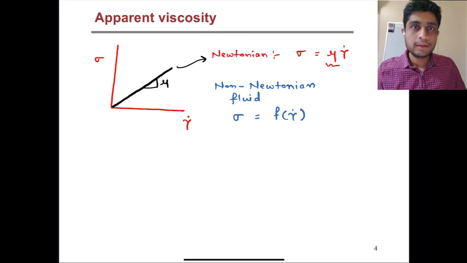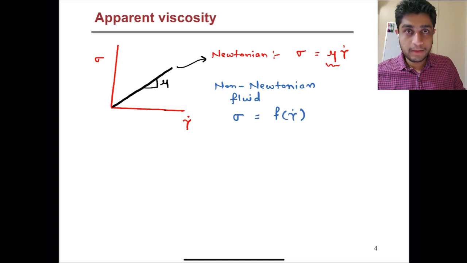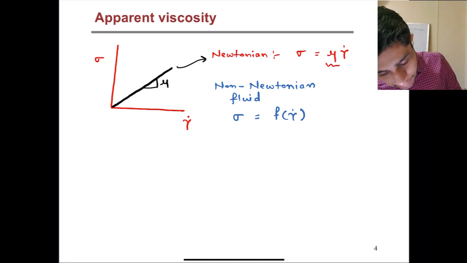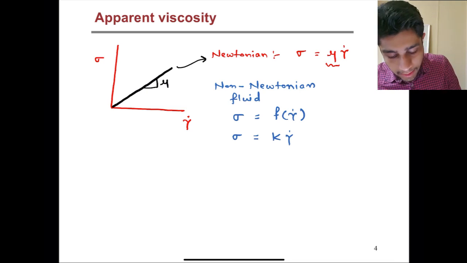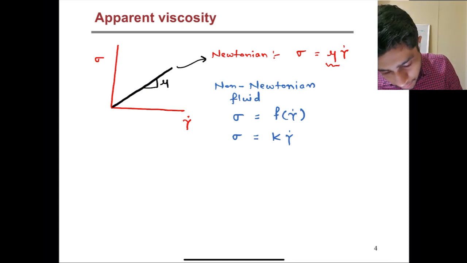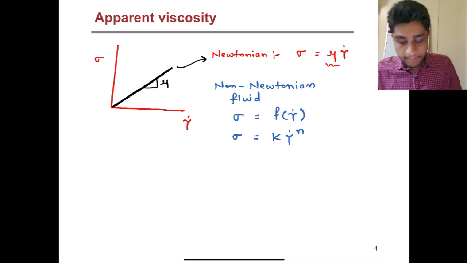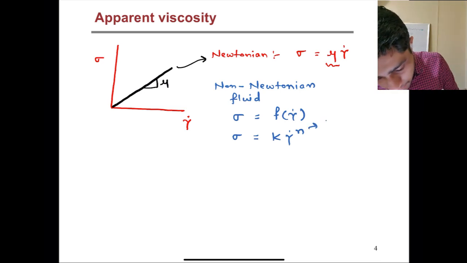Usually the simplest case that we can consider is just a power law. Let's say the shear stress is a constant times shear rate raised to some power n, and this n is called the power law index.